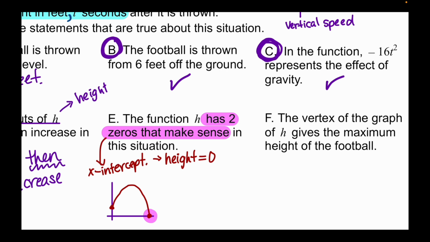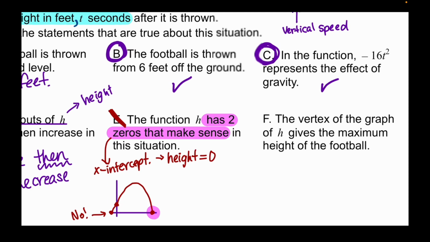Now it does not make sense for us to go backwards and have a, oops, not an erase. I'm trying to show this here. And we're going to say, nope. That one does not make sense right there. The only one that does is the one to the right. So the entire thing here is not correct because there's only 1 0 that makes sense.